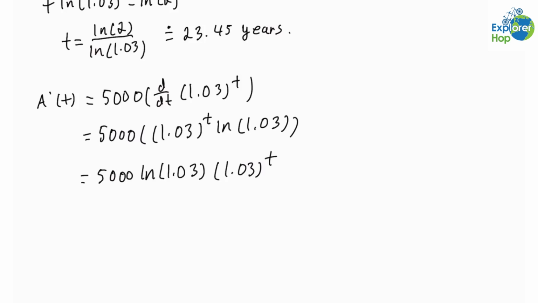Now that we have the derivative, we can sub in t equals ln of 2 over ln of 1.03 to find the rate at which the investment is increasing at this time.